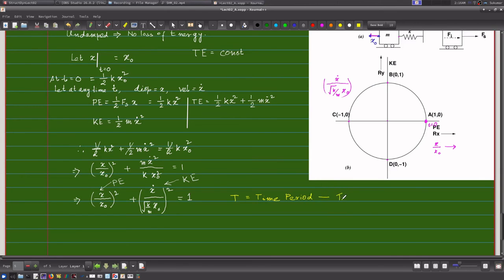So this is the time required to complete one cycle of motion. So this is called time period.